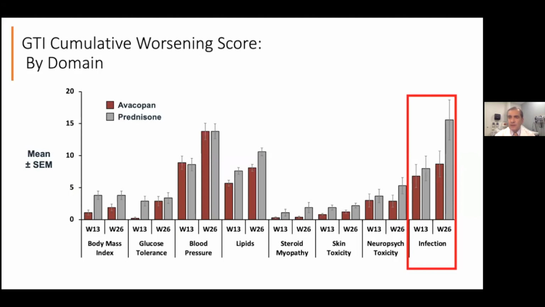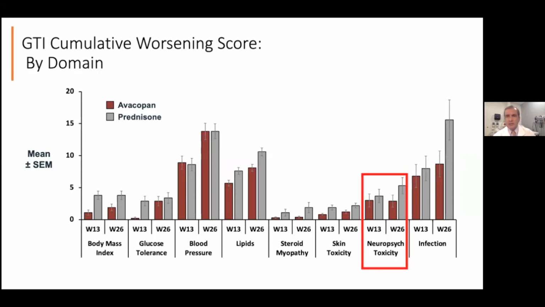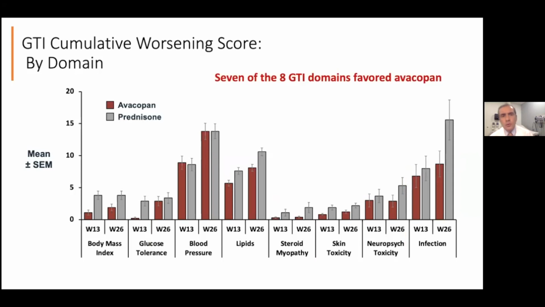So you see the difference at both 13 and 26 weeks in infections, and neuropsychiatric toxicity, and skin toxicity, and steroid myopathy, and lipid metabolism, and glucose metabolism at 13 weeks, and body mass index at both 13 and 26 weeks. So 7 of the 8 domains favored Avacopan. The only domain that did not, was a tie, was the blood pressure domain shown here.